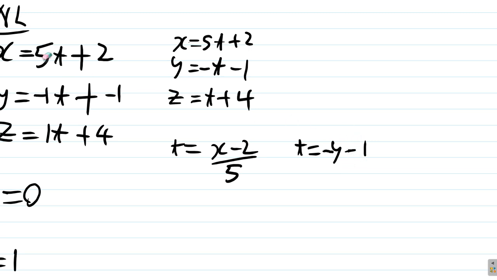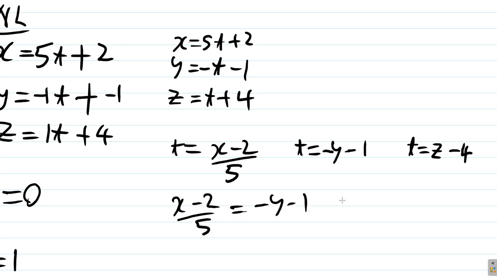See that? And then for the third equation, t would be z minus 4. So t is equal to t is equal to t, which means x minus 2 over 5 is equal to negative y minus 1, which is equal to z minus 4.